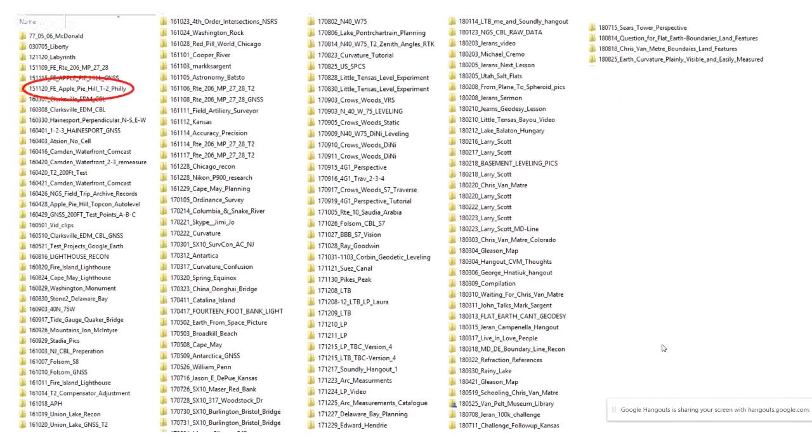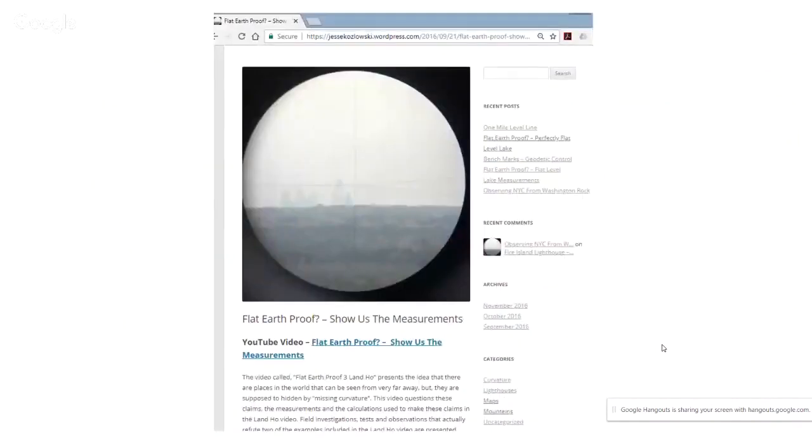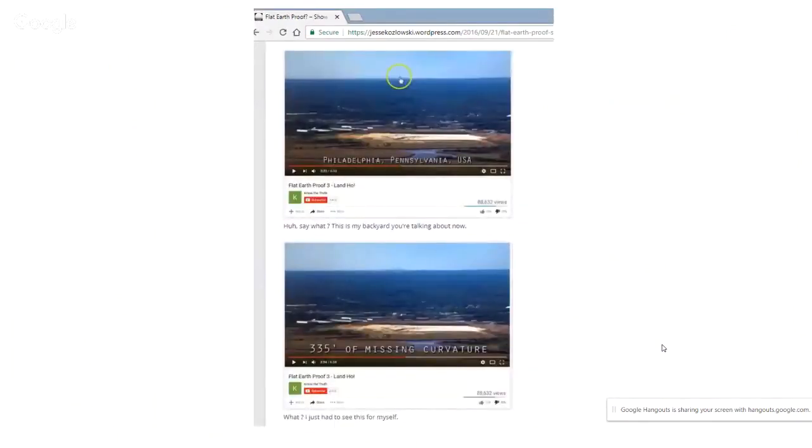The next thing I did was to go up onto this Apple Pie Hill tower and take that photograph using my auto level. That was as a result of watching that video called Flat Earth Proof 3 Land Ho, which uses this picture of Philadelphia from Apple Pie Hill saying there's 335 feet of missing curvature.